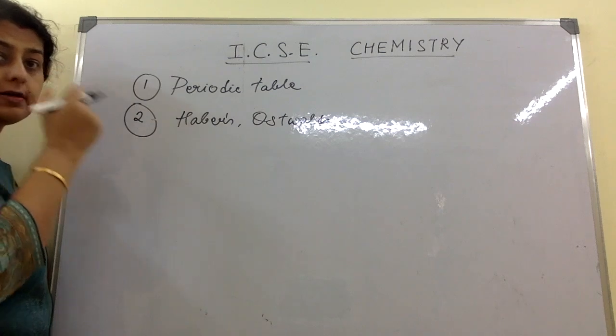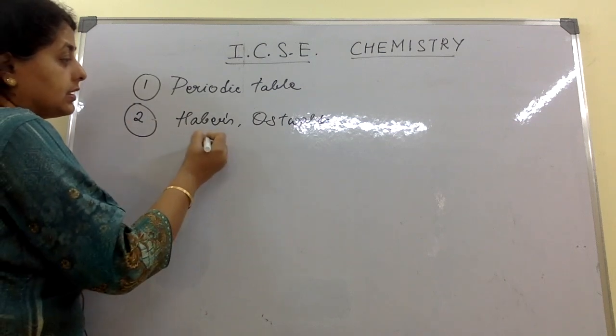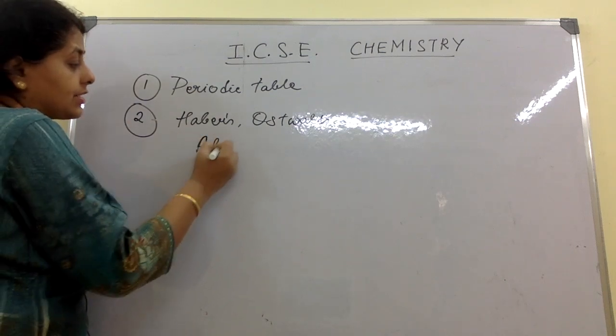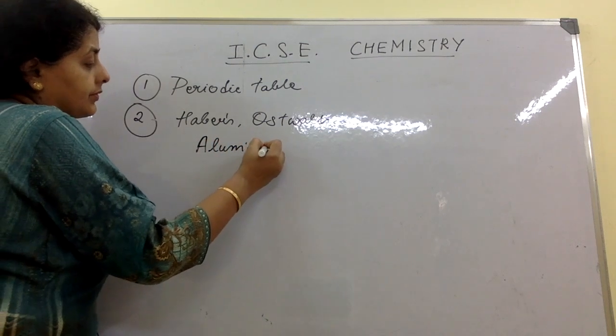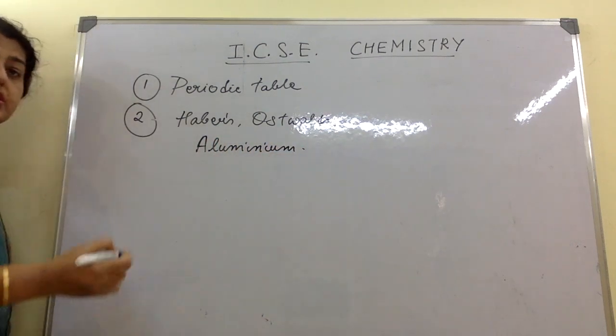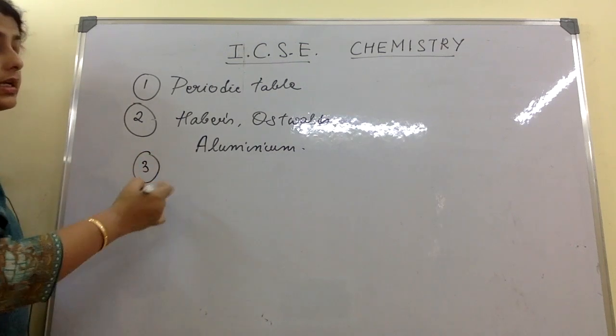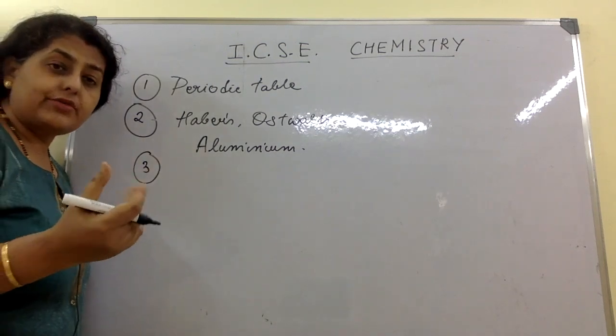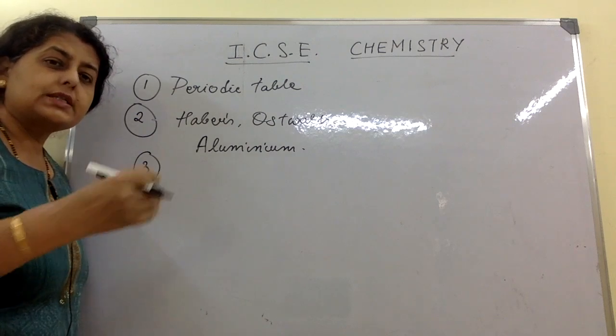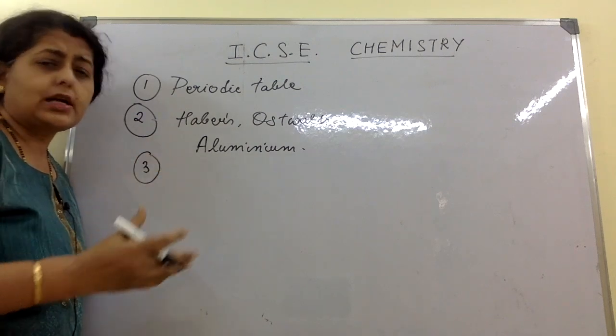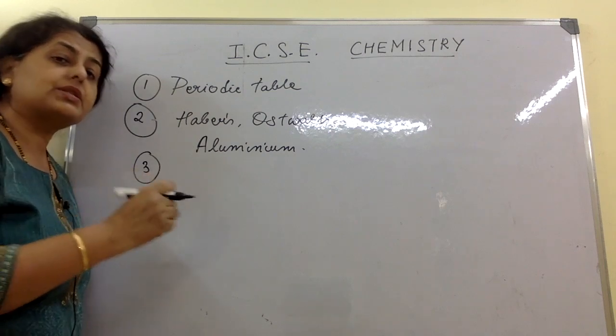Then the third one is your aluminium extraction. That also is very important. So Haber's, Ostwald's, aluminium extraction. In aluminium extraction, you have the question of what is added, is it fluorspar, is it cryolite? That question is a must every time.